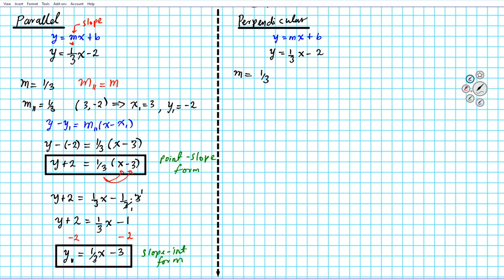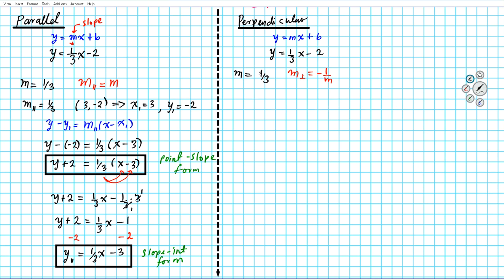All right, so now here is where it's different. We need to find m perpendicular. What is the slope of two lines that are perpendicular to each other? If two lines are perpendicular, the slope of one is a negative reciprocal of the other. If they're parallel, they're the same. But if they're perpendicular, the slope of one is a negative reciprocal of the other.